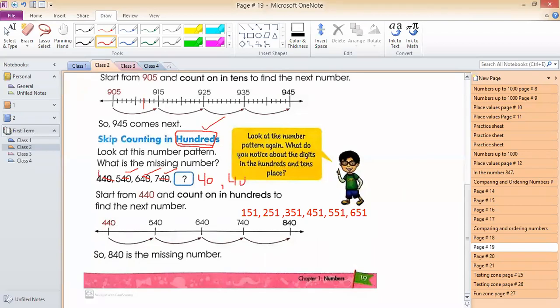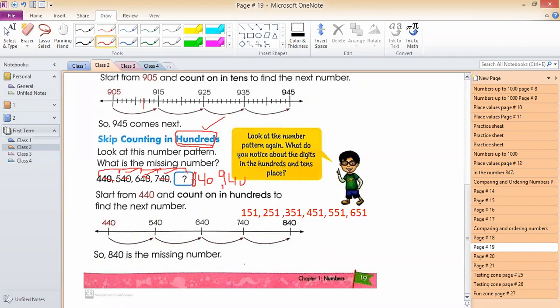But the number in the hundreds place will change and you will add 1. Like 4 plus 1, 5. 5 plus 1, 6. 6 plus 1, 7. 7 plus 1, 8. 8 plus 1, 9. 9 plus 1, 10. Like this. So 440, 540, 640, 740, 840, 940, and 1040, 1140, like this.